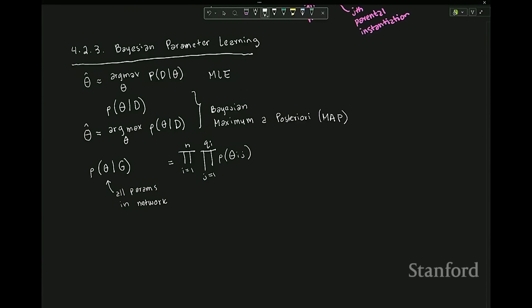And when I say theta ij, I am referring to this vector. So theta ij is theta ij1 to theta ijn. So for the ith node and the jth parental instantiation, we have one element in this vector for each instantiation the node can take on.